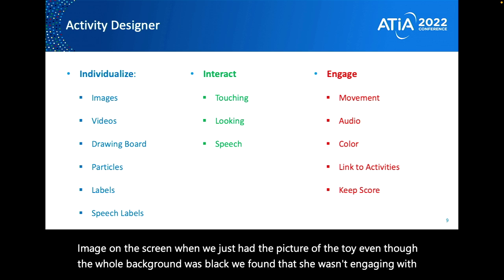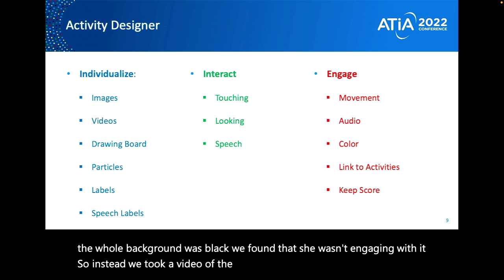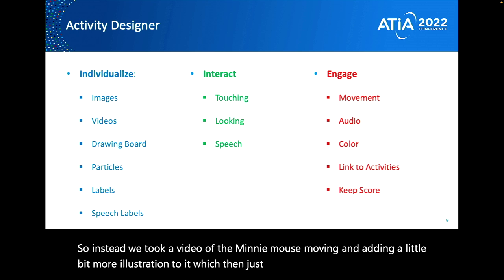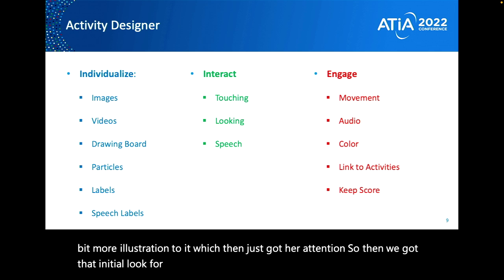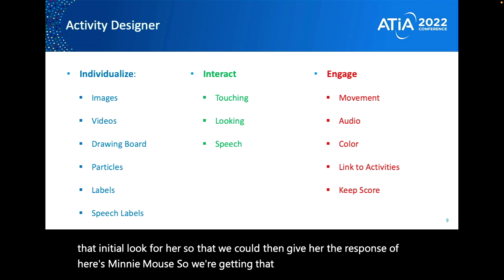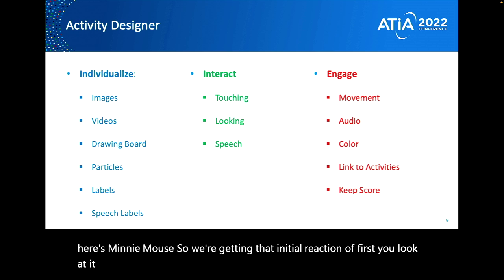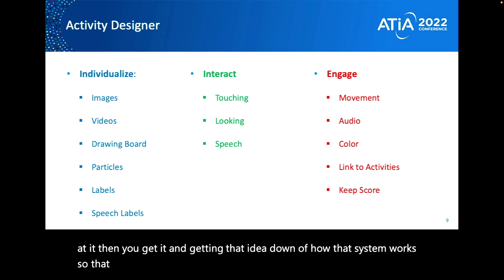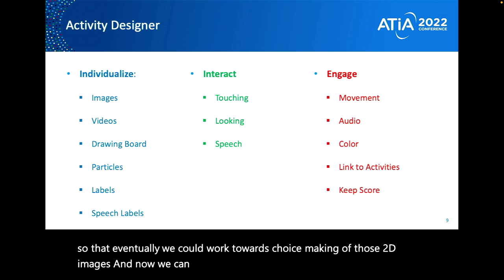So instead we took a video of the Minnie Mouse moving, adding a little more illustration, which then got her attention. Then we got that initial look from her so that we could give her the response of, here's Minnie Mouse. So first you look at it, then you get it, and we were getting that idea down of how the system works so that eventually we could work towards choice making with those 2D images. Now we can give those to her in an array of 4 images.